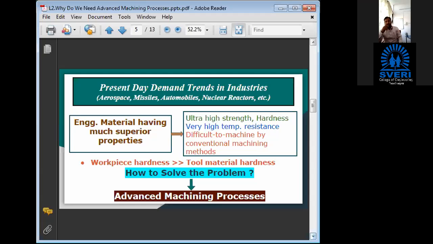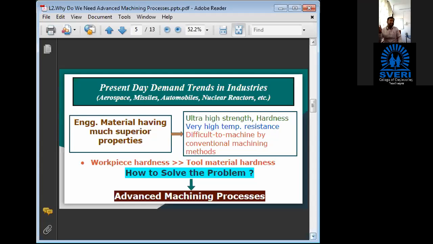If you use that ultra high strength material for these applications, then the question arises: how to machine such material? It becomes very difficult to cut or machine them by the conventional machining method, because the basic principle of conventional machining processes is that your tool metal should be harder than your workpiece metal hardness.